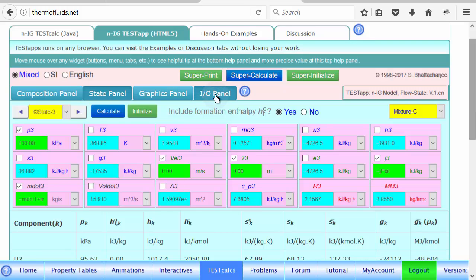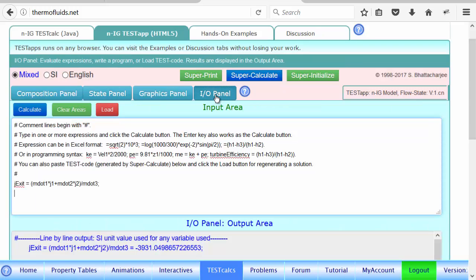And of course, you can go to the IO panel and find the entropy generation in this problem as m dot 3 times S3, the entropy that is leaving, minus the entropy that entered through inlet 1, minus the entropy that entered through inlet 2.